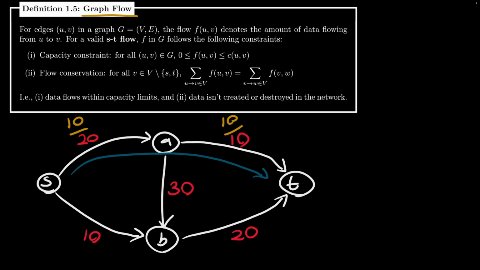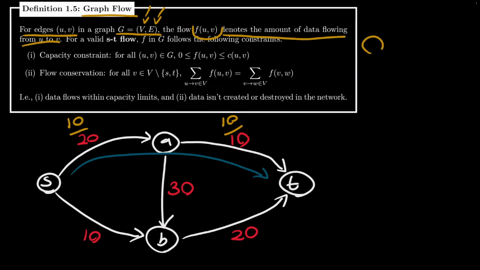Now let's walk through this definition. For edges (u, v) in the graph G(V, E), V vertices and E edges, we're going to denote a new function. This is going to be f(u, v), and this denotes the amount of data flowing from u to v.